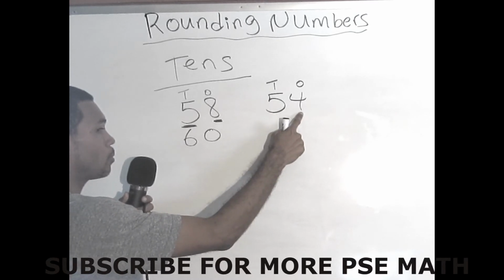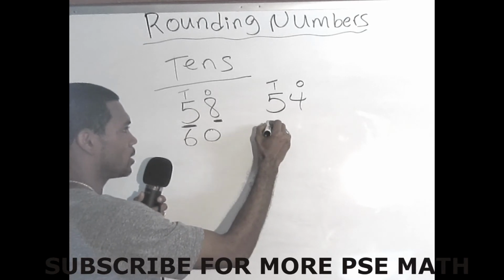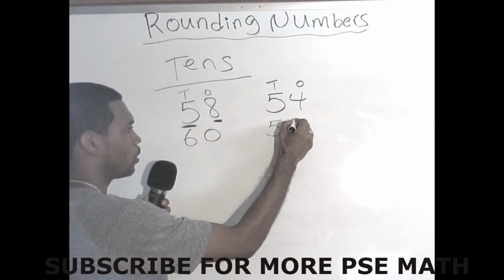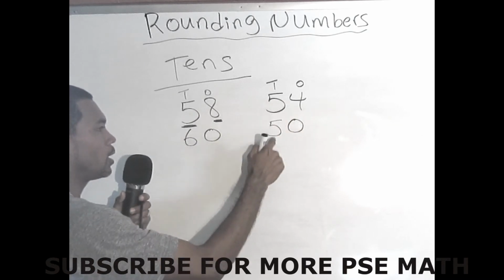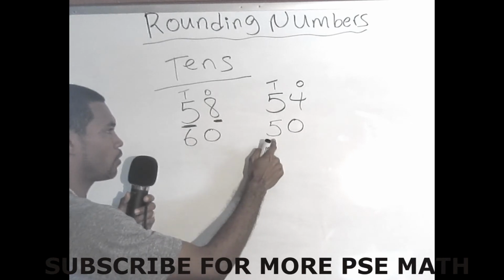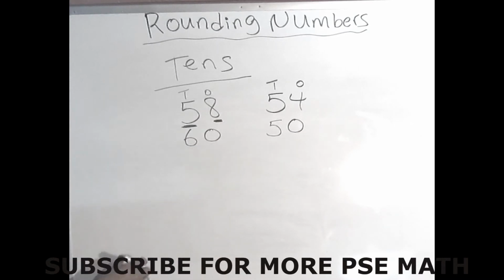But if it is 0, 1, 2, 3, or 4, this number will remain the same. So 5 will remain the same, and the number before it will become 0. So when you round 54 to the nearest tens, the 5 remains the same, the next number becomes 0, so 54 rounds to 50.